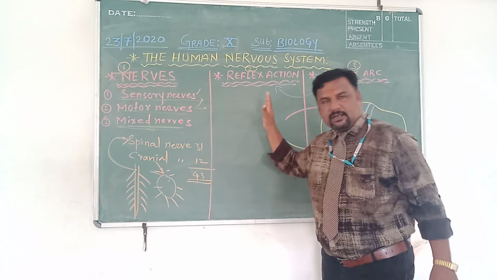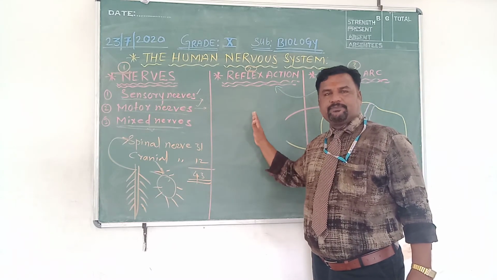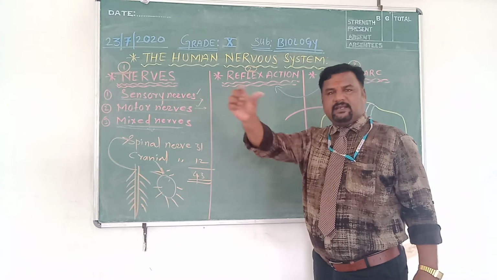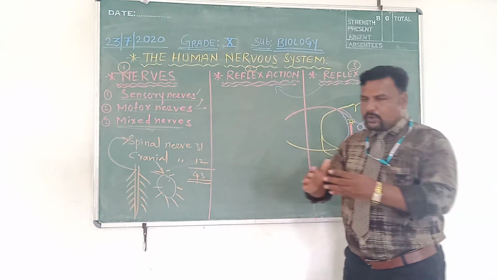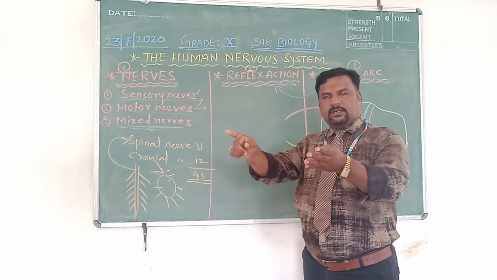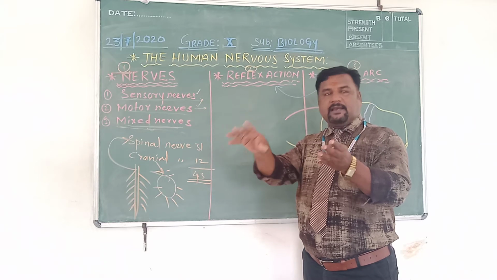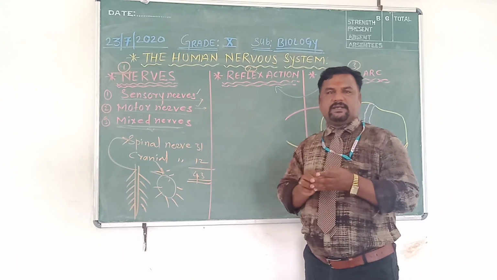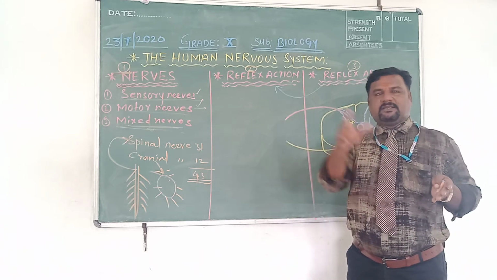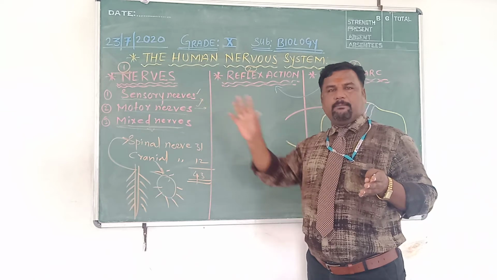When any normal stimulus is applied on our body, the sensory neuron generates a nerve impulse. The nerve impulse goes to the spinal cord from the effector organ. The spinal cord itself judges what kind of stimulus it is, and generates the response back through the motor neuron without the involvement of the brain.